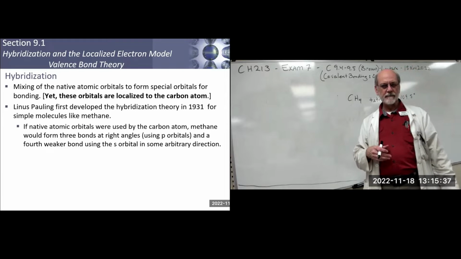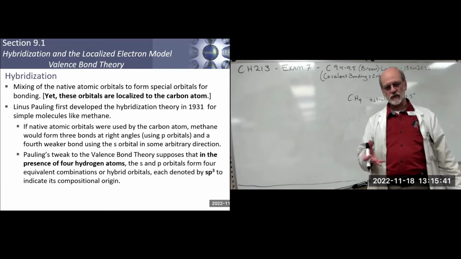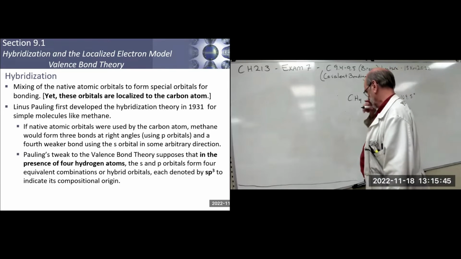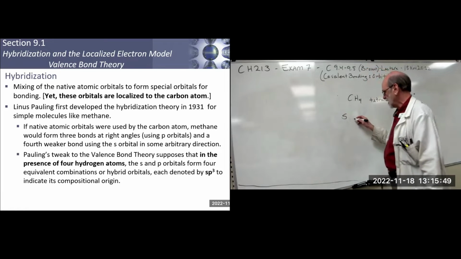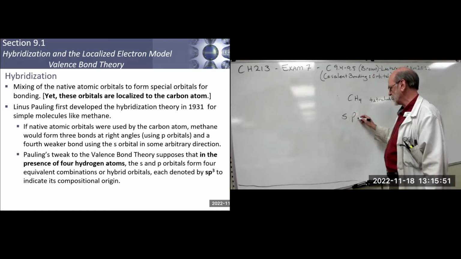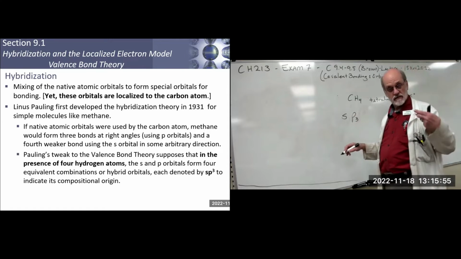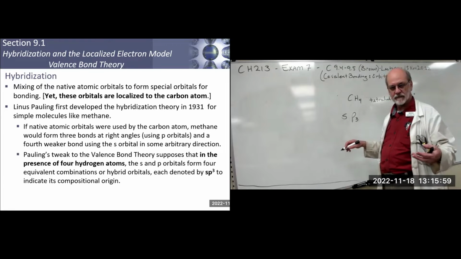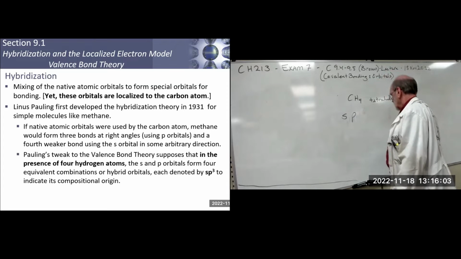So these native orbitals remix, so to speak, and they produce out of 1s and 3 p's a new hybrid orbital called an sp3.